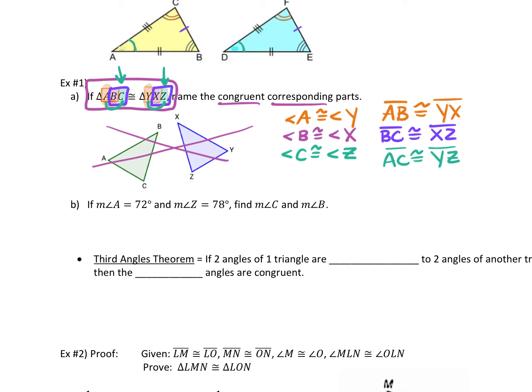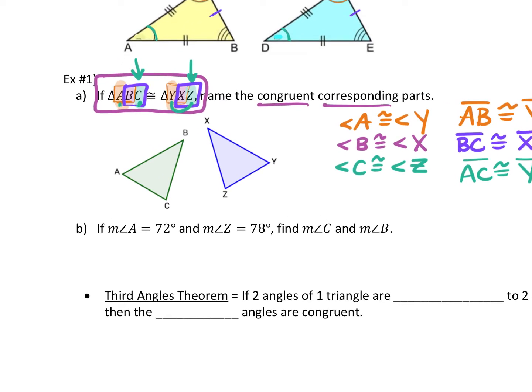Okay, so if that's the case, then they ask us this question, and here's where I'm going to ditch my big X through my triangles here. This one says, if the measure of angle A is 72, and the measure of angle Z is 78, find the measure of angle C and find the measure of angle B, okay?